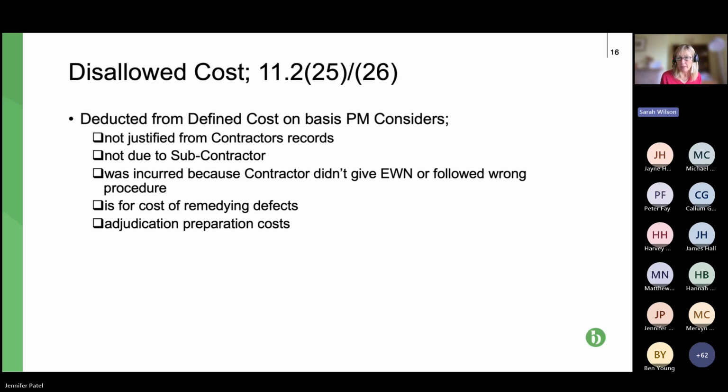If we don't have that, then I would anticipate that the project manager is going to use this clause to make deductions, not pay for people, unless it can be shown that they're contributing valuable work to progress the works themselves. So the next one are sums not due to the subcontractor, could be for similar reasons.